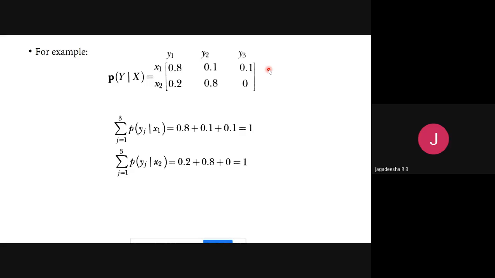When you transmit x2, there is 0.8 probability that the output becomes y2. When you transmit x2, there is 0 probability that it becomes y3. It will never happen. Either it should be this or this. Anyway, you sum up these three, that becomes 1: 0.2, 0.8, 0. The sum is 1. Similarly here, 0.8 and these two, it becomes 1, right? Yeah, that's what's shown here.